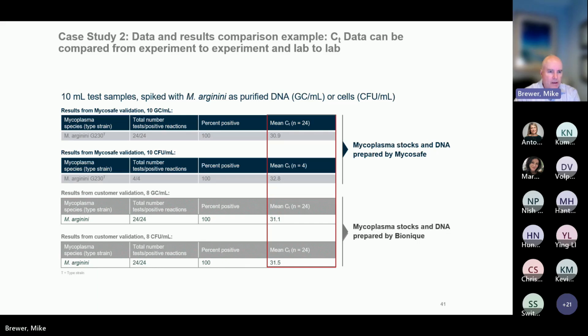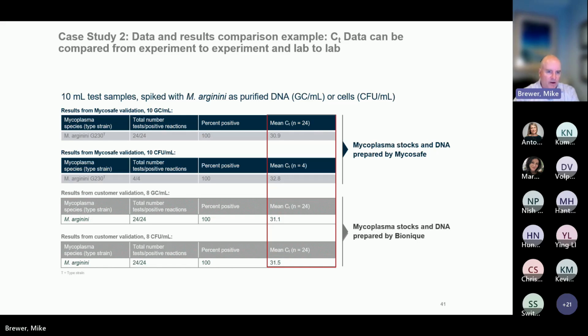And then the bottom 2 frames are results from a customer validation study that performed their study very similar to how I described it, with both an arm of pure DNA and an arm of live organisms. They chose to be a little more conservative on the LOD, so they selected an LOD of 8 genome copies per mL or 8 CFU per mL.